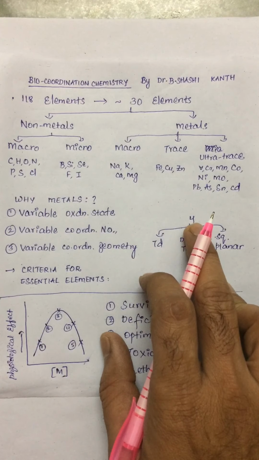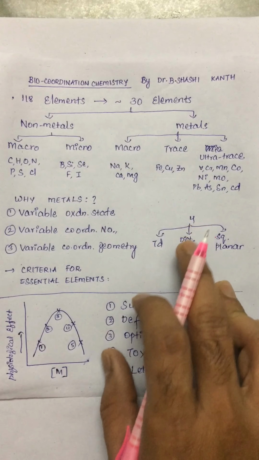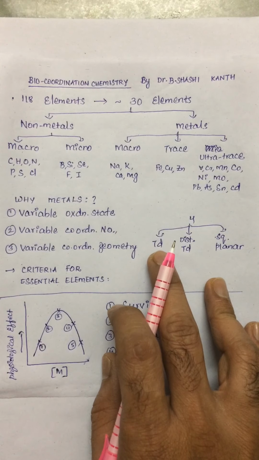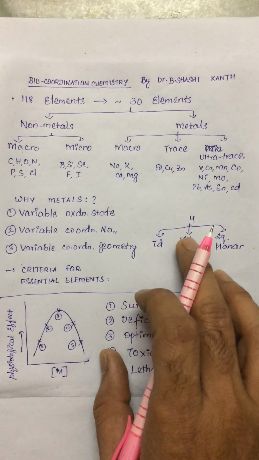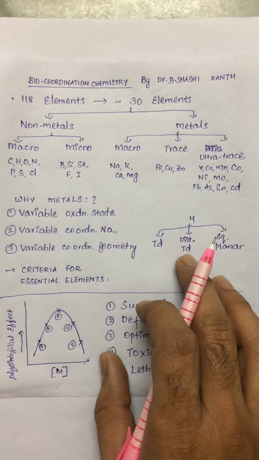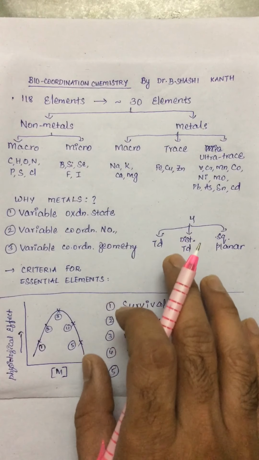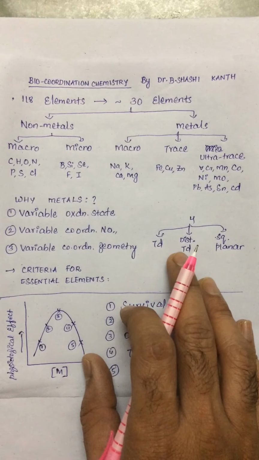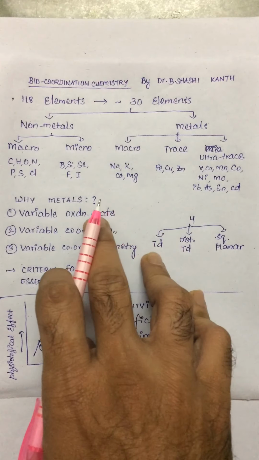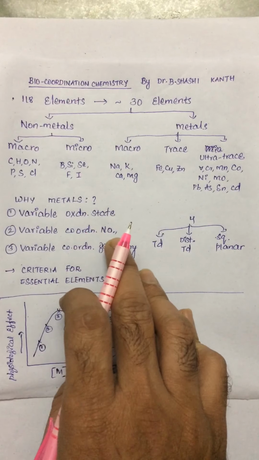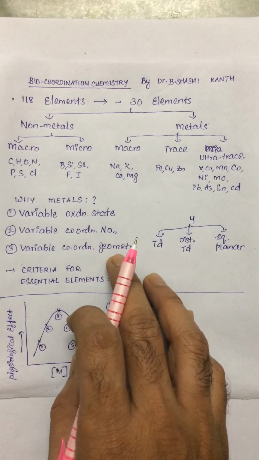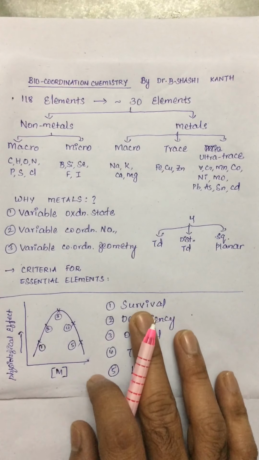What we see here is the coordination number is 4, but the coordination geometry can shift from tetrahedral to square planar, which may pass through an intermittent distorted tetrahedral geometry. So this is how the transition metals take up the active sites, by which they can shift their oxidation states, switch their coordination number, and also switch their coordination geometry.